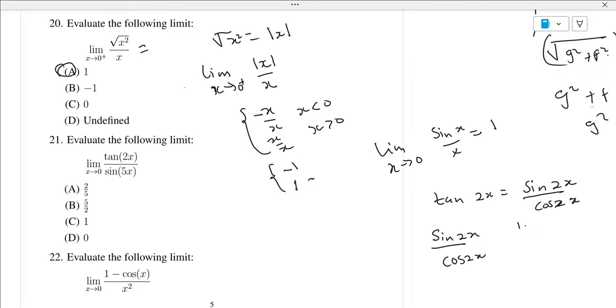If you take the reciprocal, then we now have sine 2x all over cos 2x multiplying 1 over sine 5x. Do you agree?